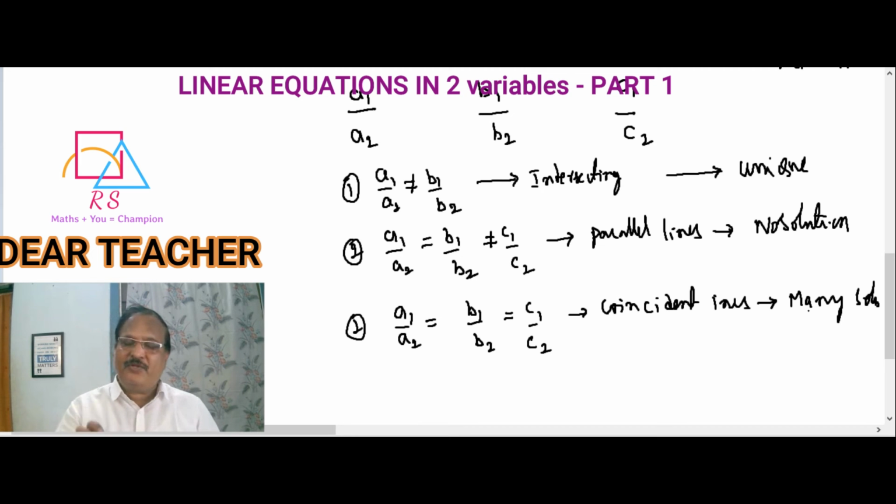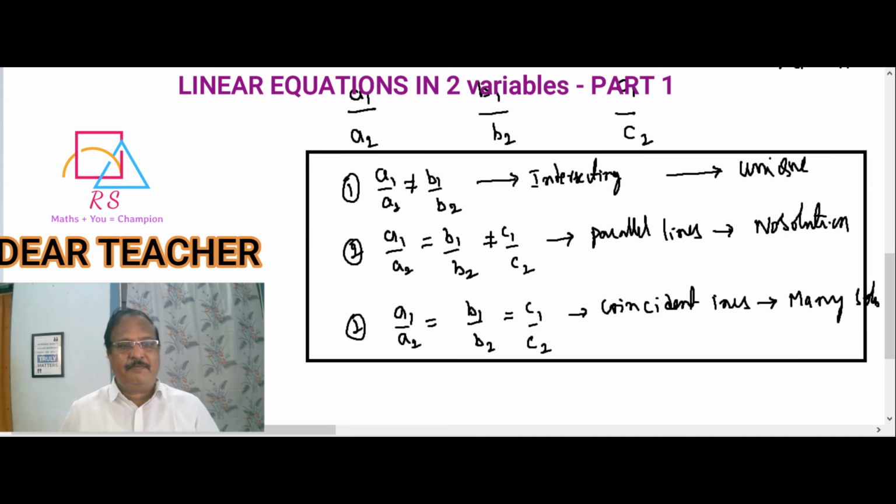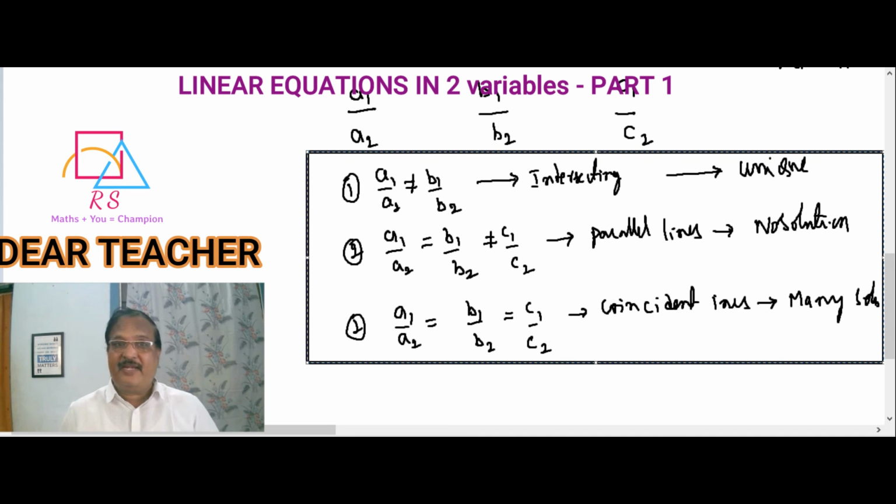Then from that you will get this information. So now this is like a formula. Always formulas should be revised thoroughly, better learn them by heart after understanding. Okay. So this is the first part, graphical solution.